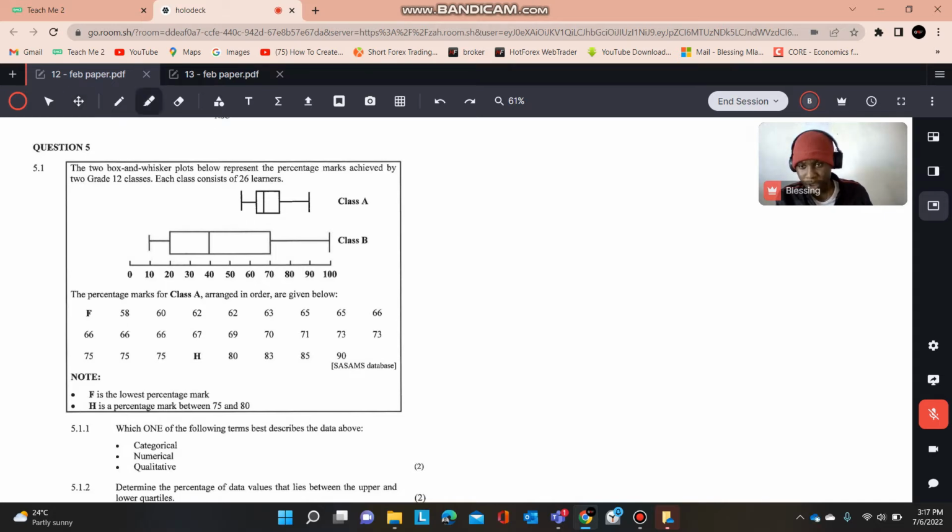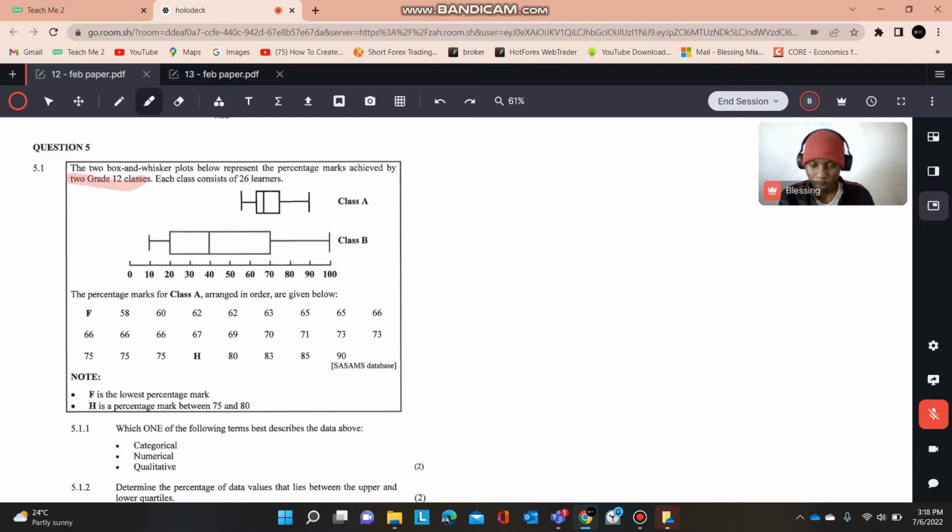So let's just read the question. Let's just analyze the data that they gave us and highlight important things in this data. The first thing they say, the two box and whisker plots below represent the percentage marks achieved by two grade 12 classes.